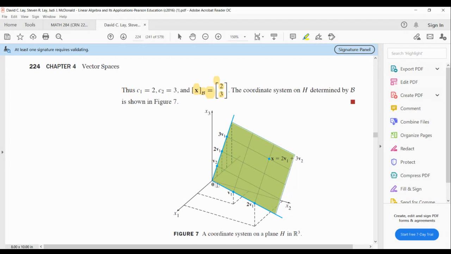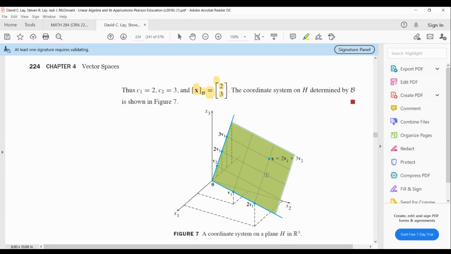So we go 2 V1 units plus 3 V2 units, and we end up with the vector X. So you see, we have an example of a plane in R cubed. It's isomorphic to R squared, meaning that any point in the plane has three coordinates, right?